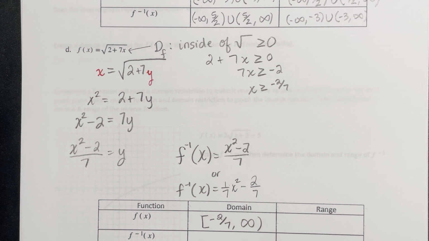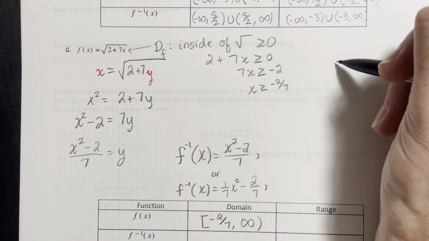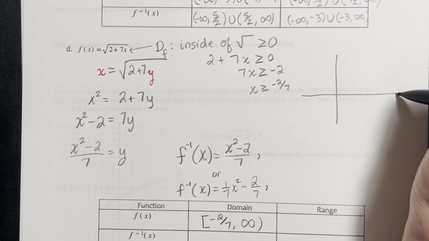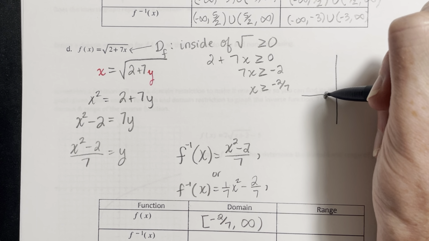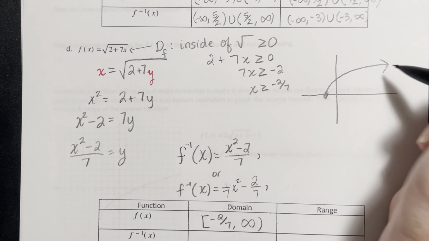Both of those are the same function, though when we think about a quadratic function and what we started with, this radical function, they're not really mirror images or reflected images of each other. So if we looked at this graphically, this square root of 2 plus 7x would look something like this.